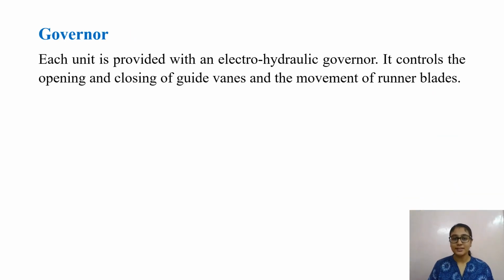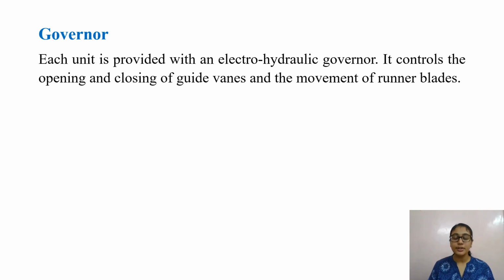Last but not the least, the governor. It consists of an electrical equipment cabinet and a hydromechanical actuator. A speed signal generator connected to the main shaft produces signals of a particular frequency at the particular rated speed.